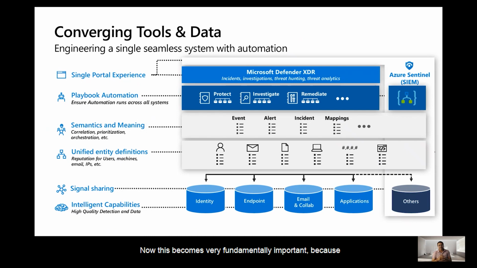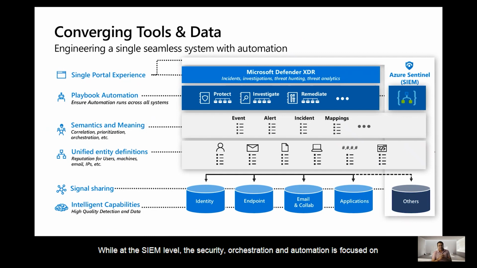Now, this becomes fundamentally important, because if the analyst has to respond to every activity every time and figure out a response mechanism, the load of the alert volume would be unprecedented. And that's where, across the common set of these response behaviors, the XDR really attempts to reduce the overall load.